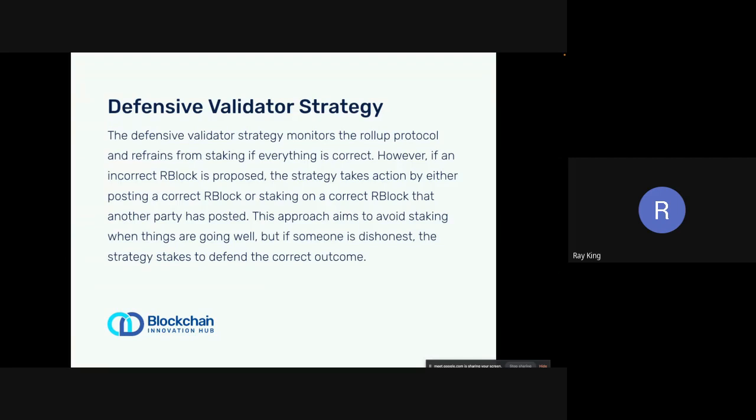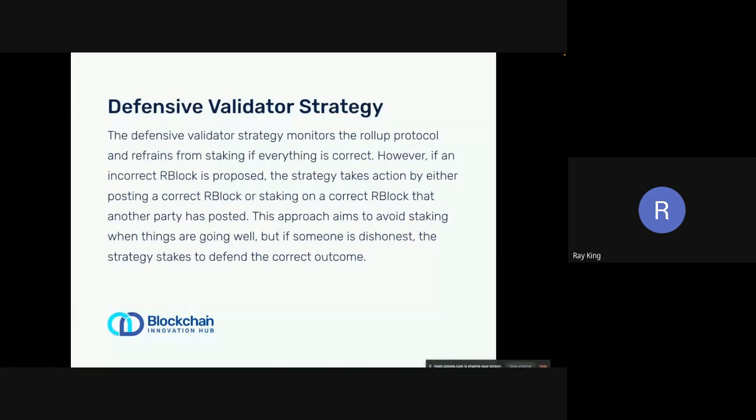Now, the defensive validator strategy monitors the rollup protocol and refrains from staking if everything is correct. Now, in active, the validator would always have a stake inside of the chain. But in terms of defensive, just like the word defensive, it means you don't take action until something offensive is coming at you.